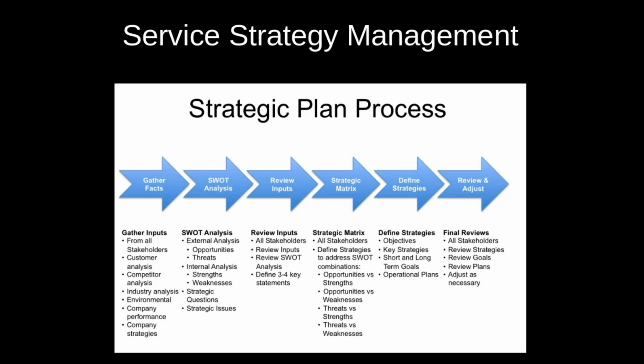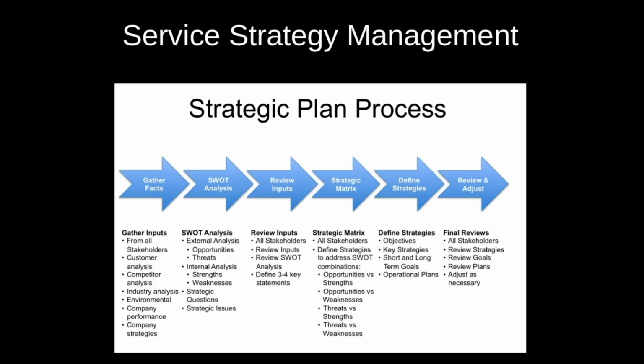So talking about service strategy management, we're going to go through a process that's very much iterative, but we like to lay it out on a line since there's a lot of information to take in here. We're going to start with gathering facts, and this is internal and external information about our company, how we're structured, as well as our competition and the market.